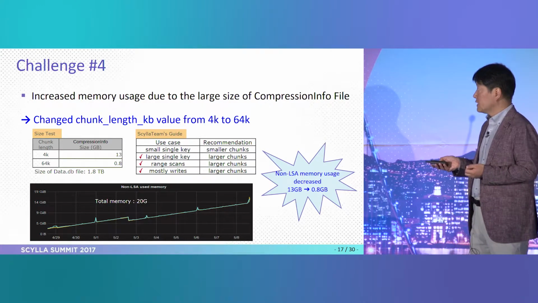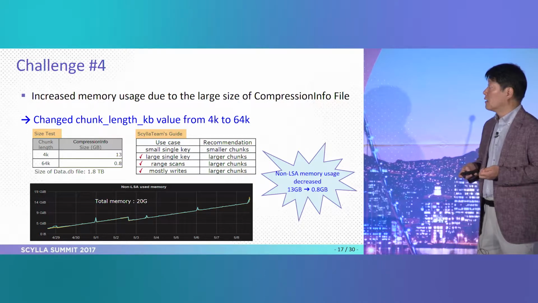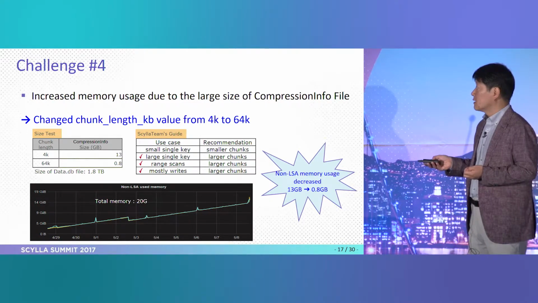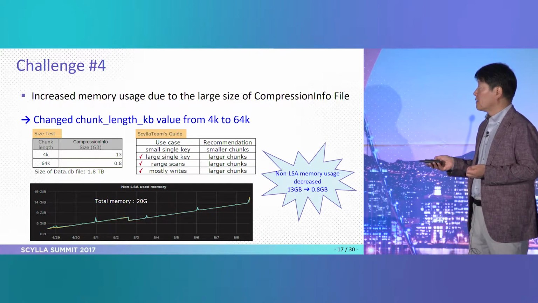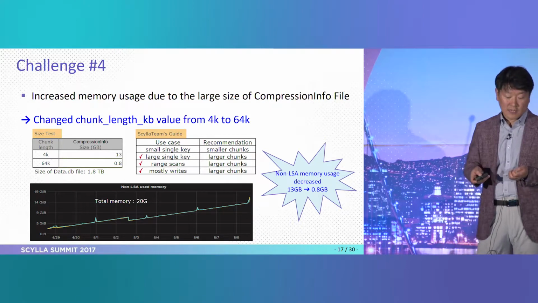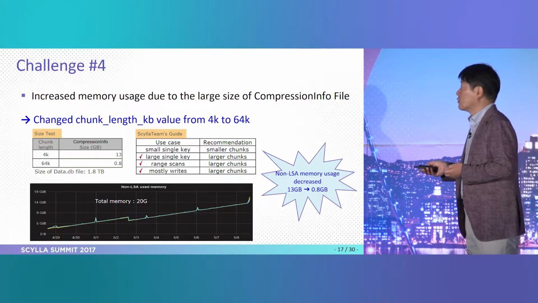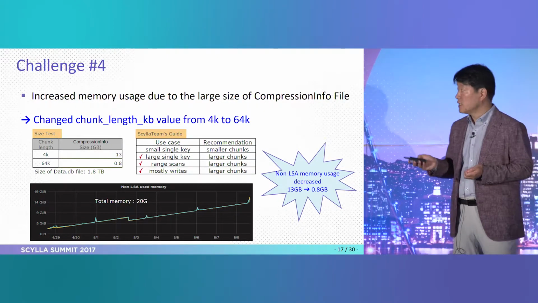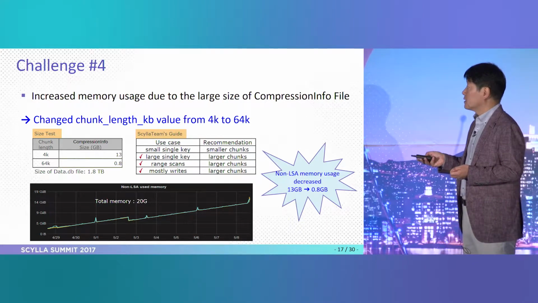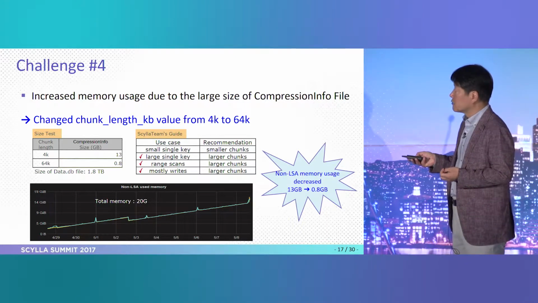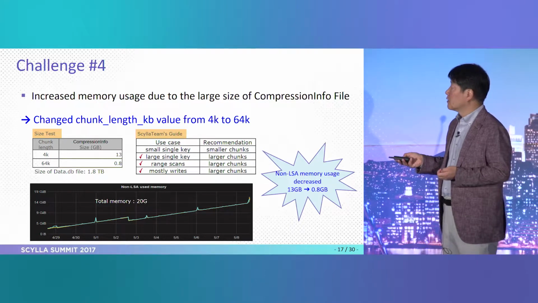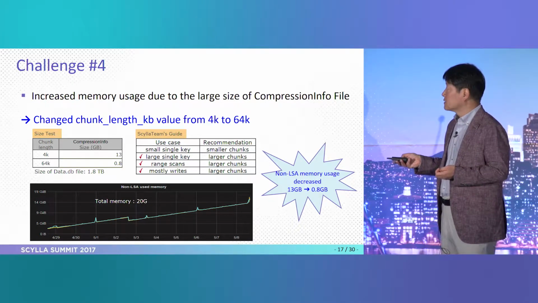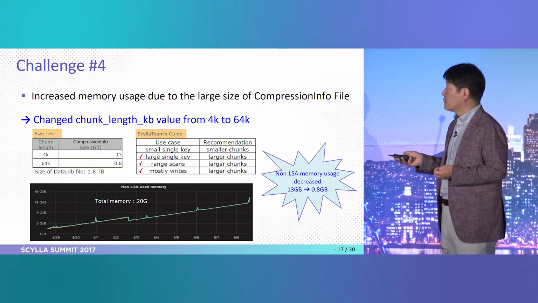So we changed the chunk length size to 64 kilobytes, and the compression info size is about 0.8 gigabytes. The ScyllaDB team has a reasonable guide on their website, case by case, so it was very helpful for us.